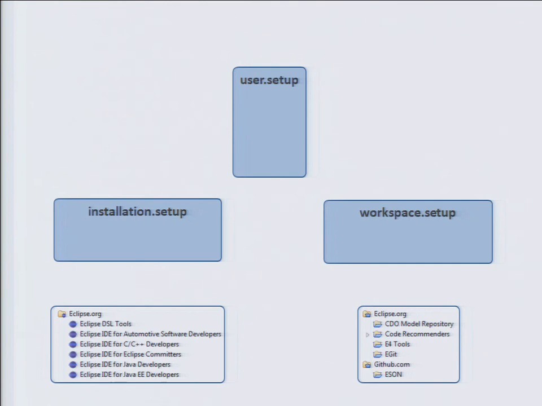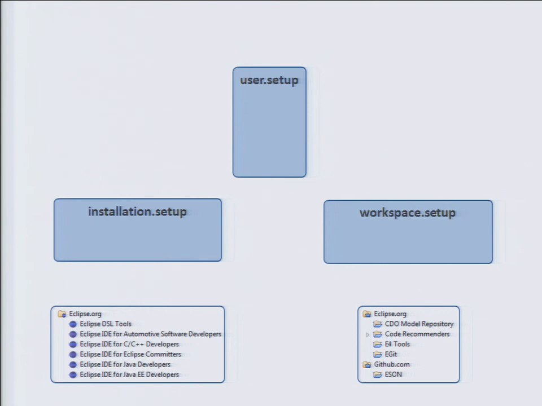And we abstracted the relevant parts or places on your laptop where things need to be installed and configured. And there are basically just three. It's the installation itself, it is the workspace, and something that Eclipse doesn't really know itself, but it is your personal things, independent of a concrete installation or a concrete workspace.